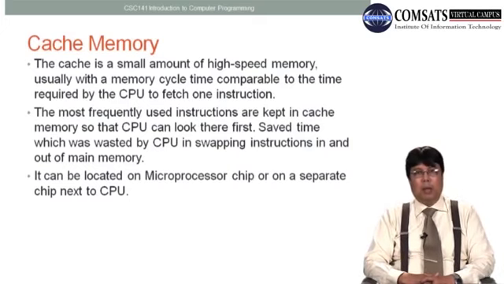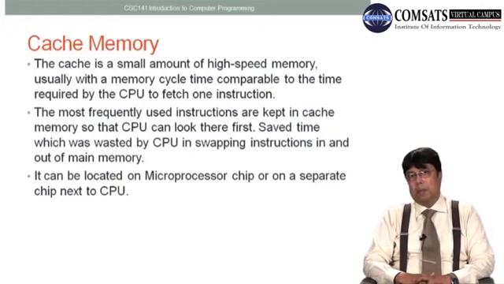It's a very high speed memory, very expensive, therefore it's smaller in quantity as compared to the RAM available in the computer. Usually it has a memory cycle time comparable to the time required by a CPU to fetch one instruction. I hope you remember the last lecture, in which we talked about the operations of CPU.